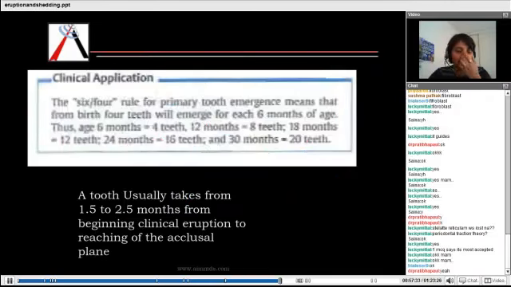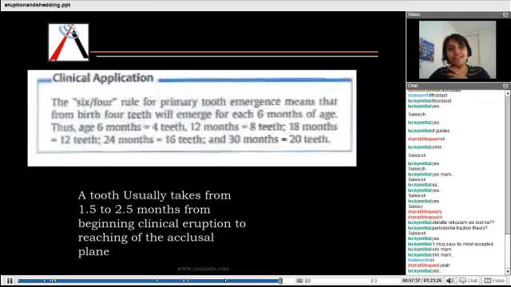Okay, this is one point which I thought I was missing, so I thought I'll add it for you all as well. There's one very nice rule I found in James Avery. It will help you to remember the number of teeth erupted. They call it the 6-4 rule. It's beautiful. Okay, look at this. The 6-4 rule says that from birth, 4 teeth will emerge for every 6 months of age.